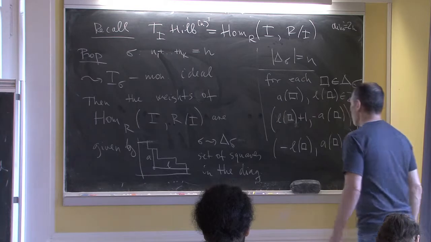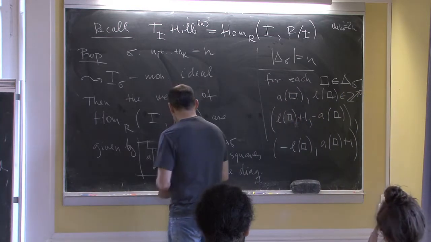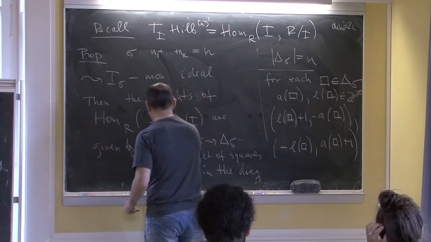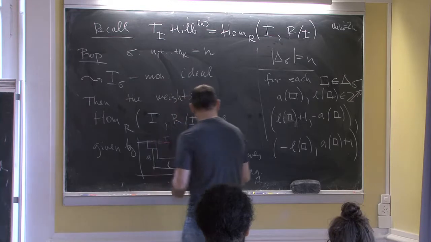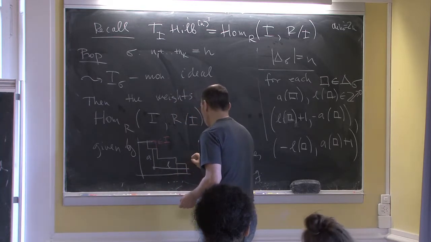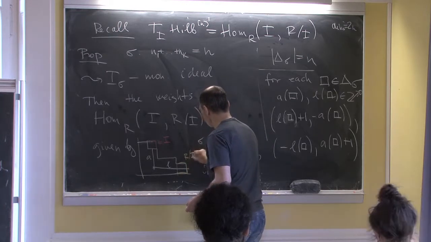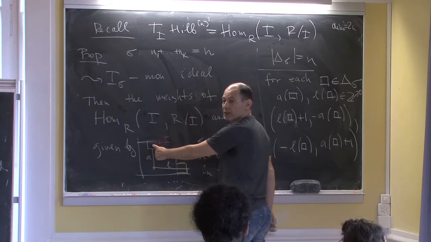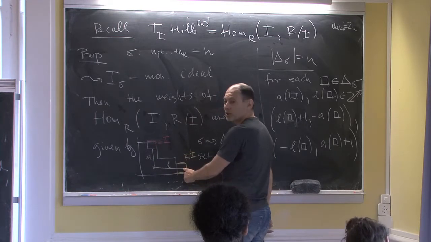And one natural way of doing that is this: you have, for example, a square here, which is in I. And you have another square here, which is in R/I. So you have a kind of boundary square of I and a boundary square of R/I.